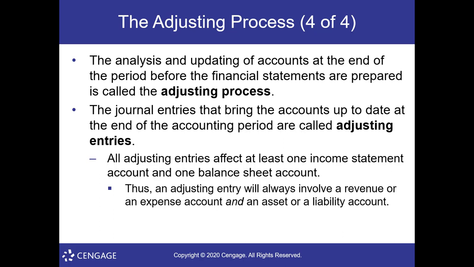Well, you could have a debit to an asset or a credit to an asset, and the same with a liability. You could be increasing or decreasing a liability account. But you'll always be either increasing a revenue or increasing an expense. So increasing an expense with a debit and increasing the revenue with the credit.